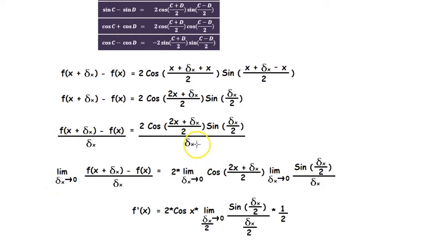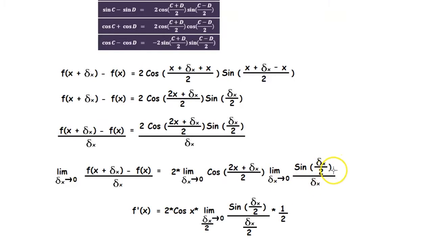We have learnt in our previous chapter that we can apply limits separately. So this can be written as 2 into limit of cos of 2x plus delta x over 2 as delta x tends to 0, multiplied by limit of sin of delta x over 2 divided by delta x as delta x tends to 0.